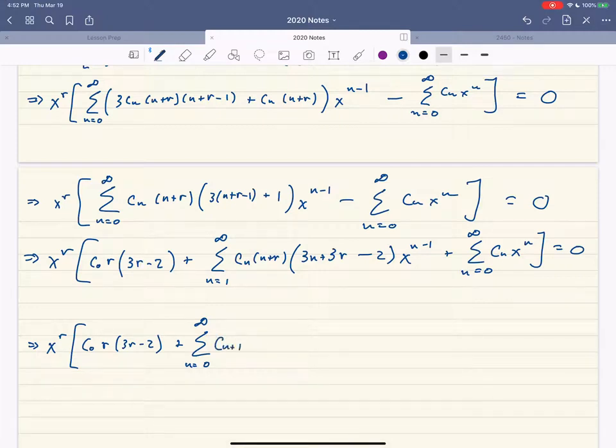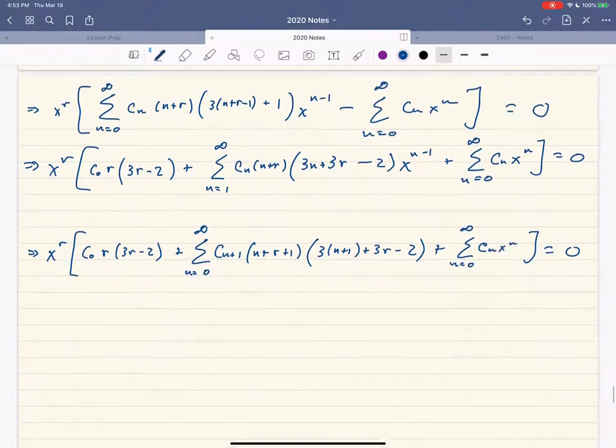So this is going to be c sub n plus 1, times n plus 1 plus r, times 3 times n plus 1 plus 3r minus 2, plus the sum from n equals 0 to infinity c sub n x to the n.